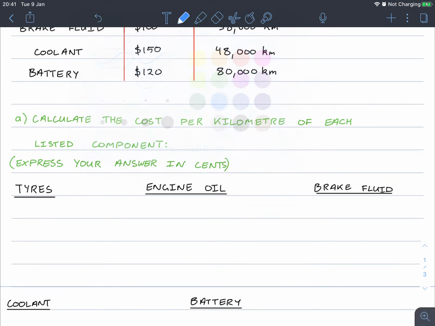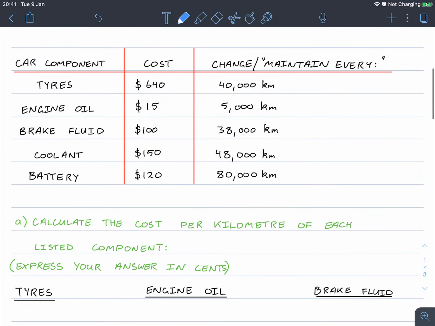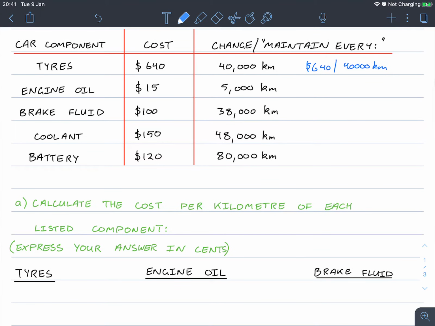Okay, here we go. So let's consider what this one means. This means it's going to be $640 for every 40,000 kilometers. What this question's asking for is per kilometer, meaning we're looking for per 1 kilometer.